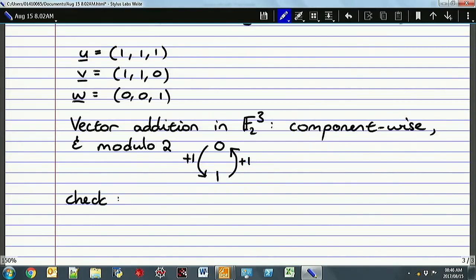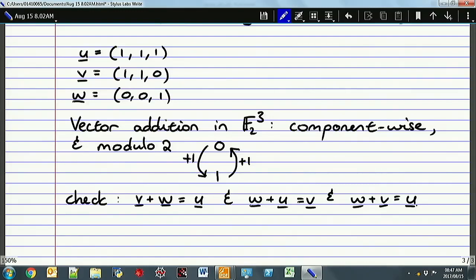First, you might find it interesting to check the following. If you add the vector V to the vector W, you get the vector U. But equally, if you add W to U, you get V. And if you add W to V, you get U. So this is some really weird looking behavior in some sense.